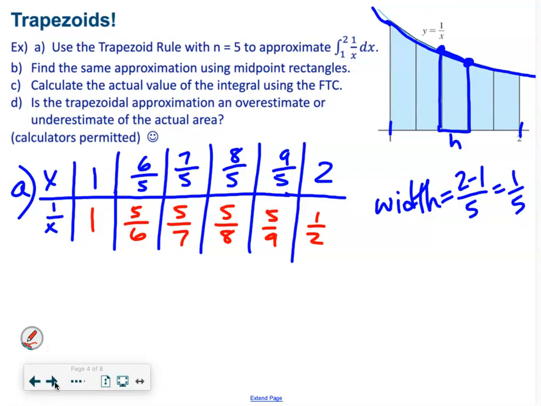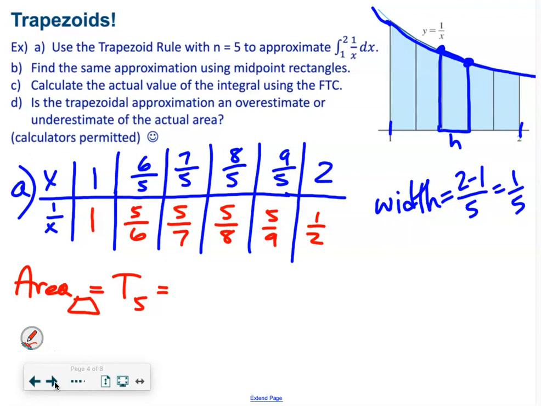So when you do your area with trapezoids, in my past, I was used to labeling it by writing the word area with a little subscript of a trapezoid. Your book will shorthand this to call it T sub 5, for trapezoids using 5 trapezoids, right? Okay, so our T sub 5, all right, there is one number that gets multiplied times every trapezoid in the universe.